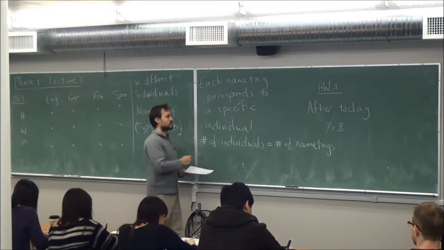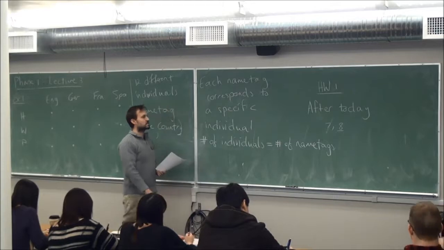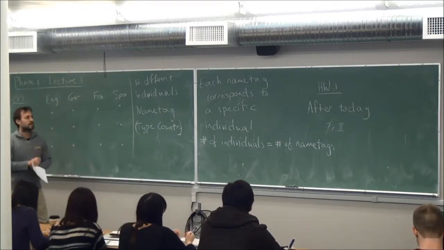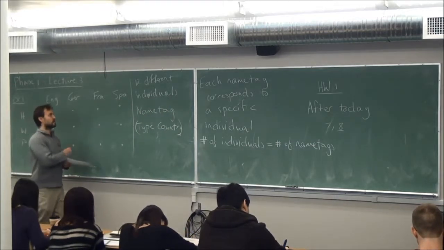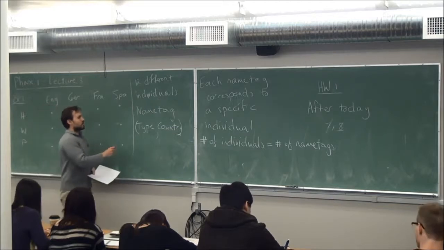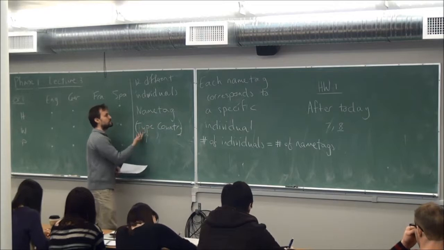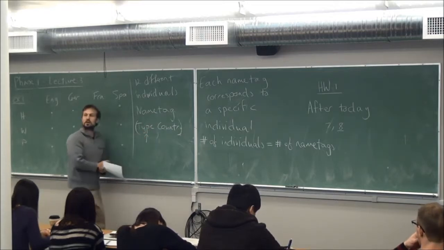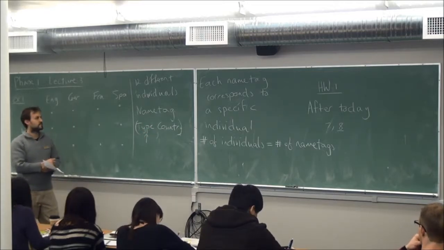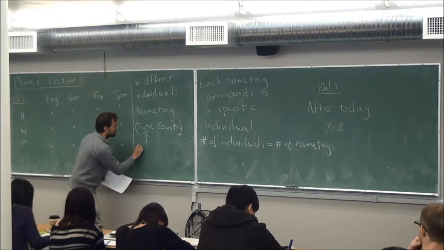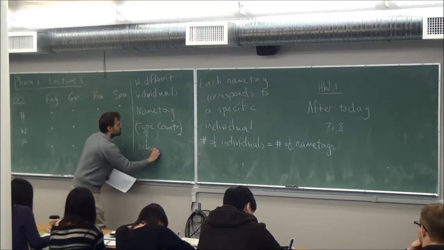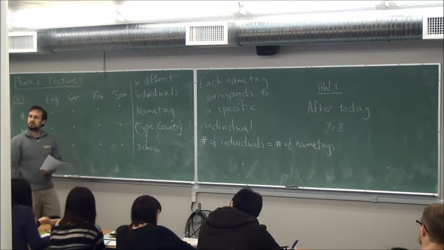And instead of counting the name tags, I can think of it as counting how many ways can I make a name tag under this restriction. What is my restriction, or how many different types can there be on a name tag? Three different types. So I have three choices to make a name tag.